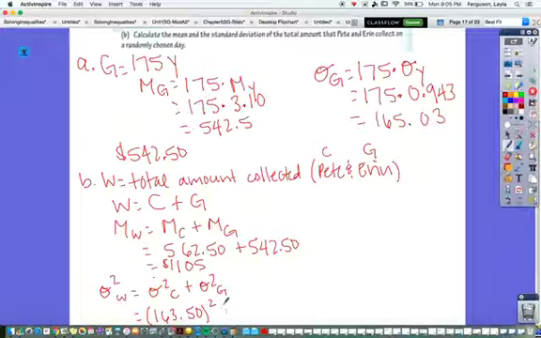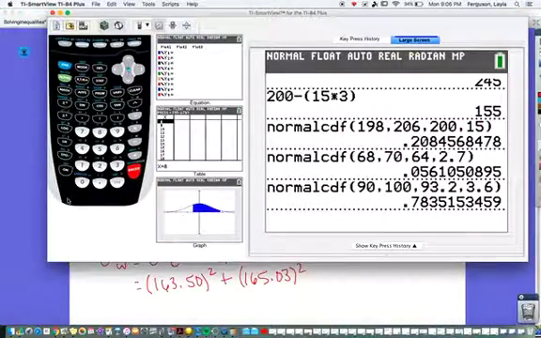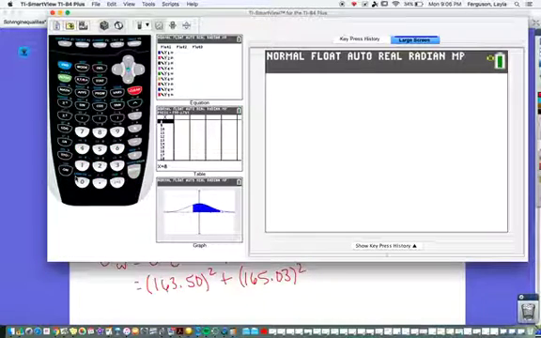Then we found the standard deviation for Aaron, which was 165.03, and we would need to square that as well. And if you worked that out, actually let me do this.